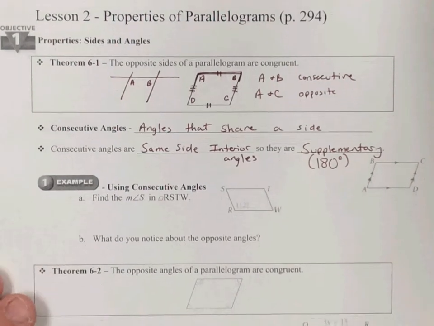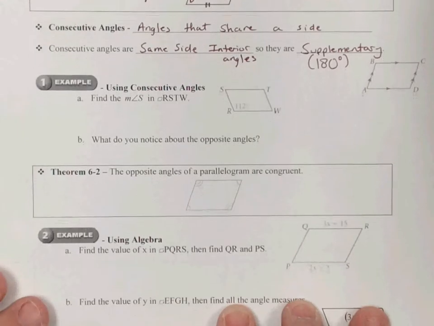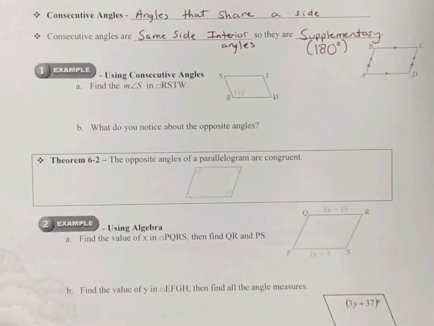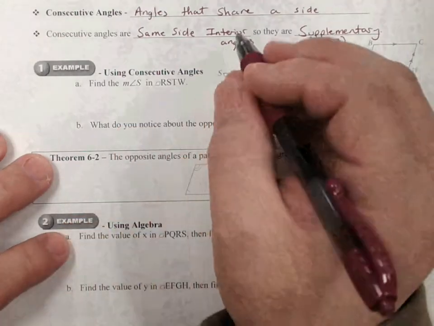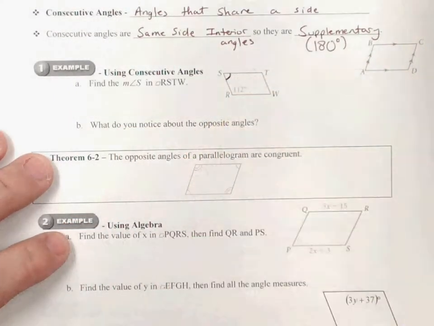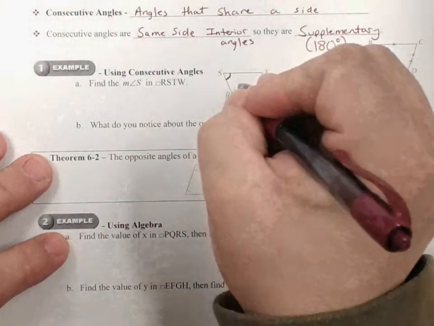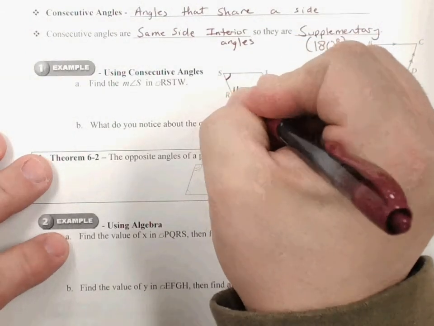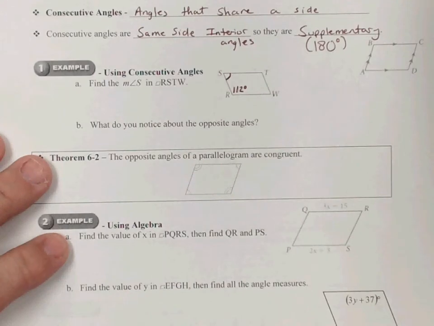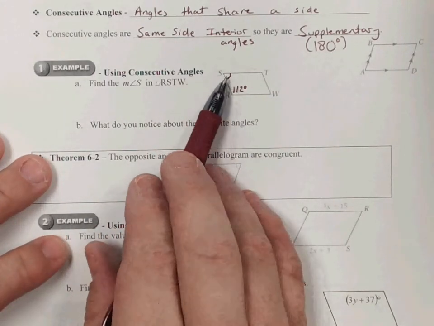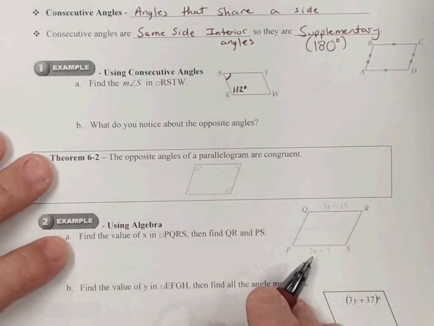Alright, so let's see if we can use that information to calculate some angle measures. It says to find the measure of angle S. Measure of angle S is right here in the figure. And measure of angle R is 112 degrees. Well, S and R are both on the same side of that parallelogram.